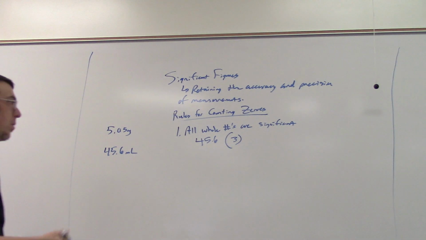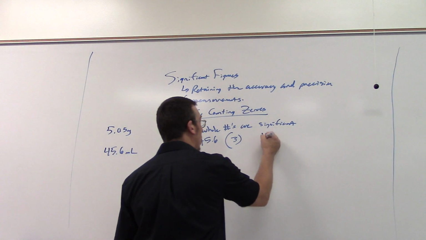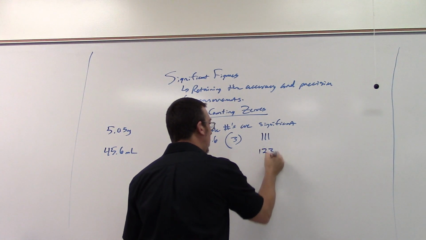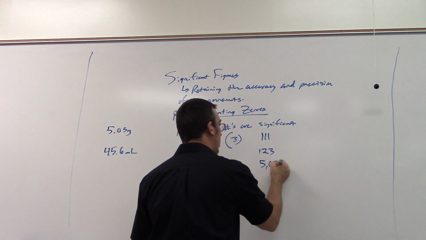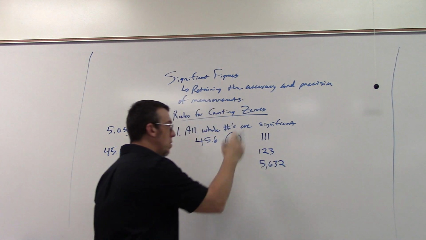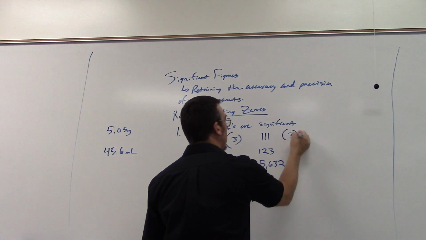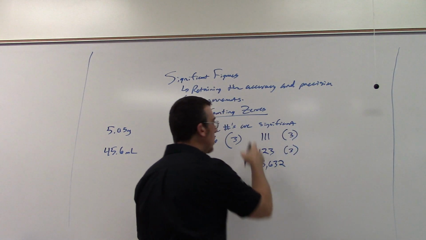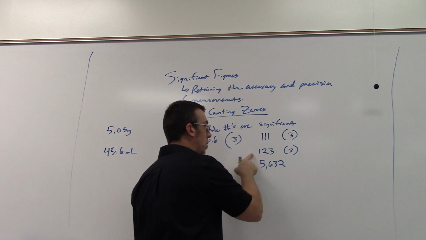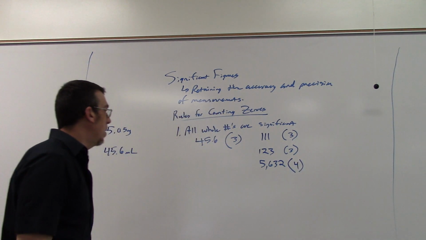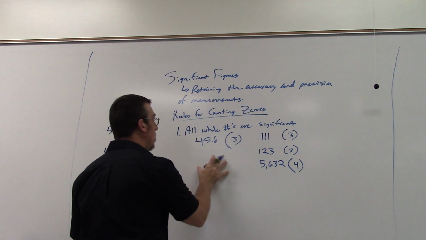It doesn't matter what the number is. It could be 111, it could be 123, 5,632. So there are three sig figs here, three sig figs here, and this one has four significant figures. All right, so that's the first rule when counting.